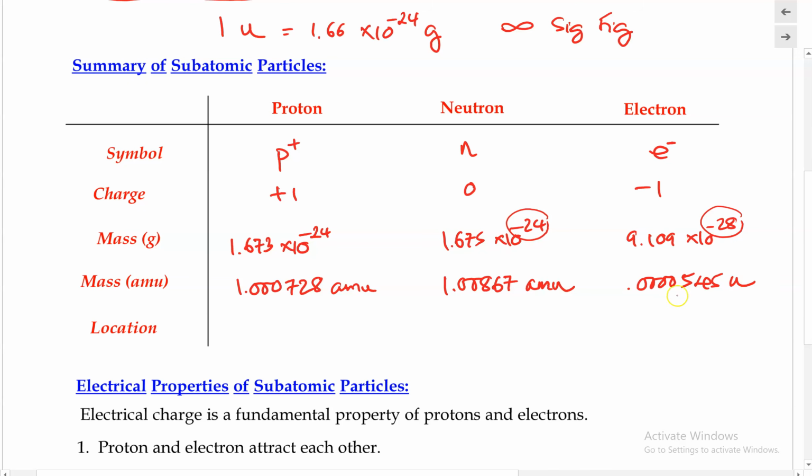So again, we can see that this is about 10,000 times smaller compared to the mass of the neutron and the proton.